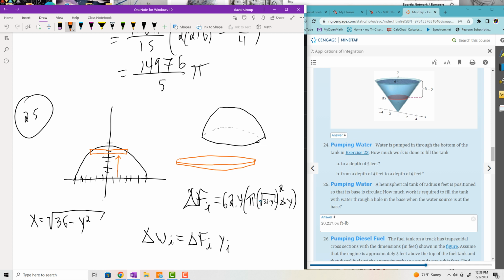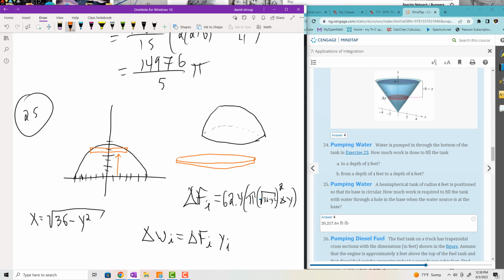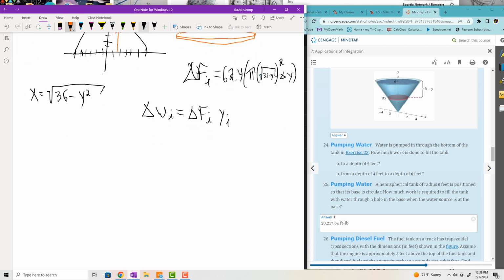So then ultimately your formula is going to be the integral from 0 to the top part 6 of the force increment times the distance. In other words, you're just adding up all these work increments. So it'll be 62.4 times pi. Squaring that square root gets rid of the square root. So you get 36 minus y squared times the y sub i part. Just put y, and then times dy.